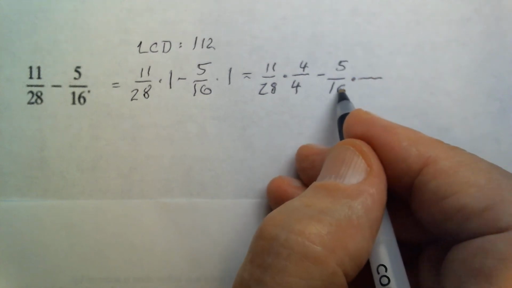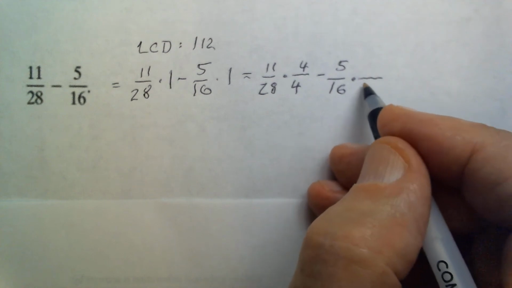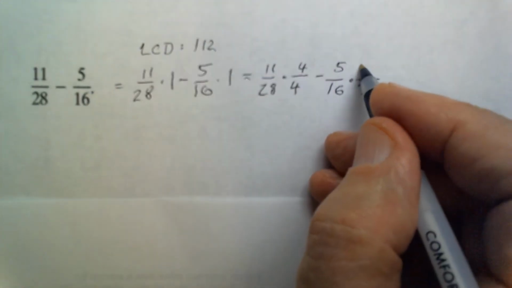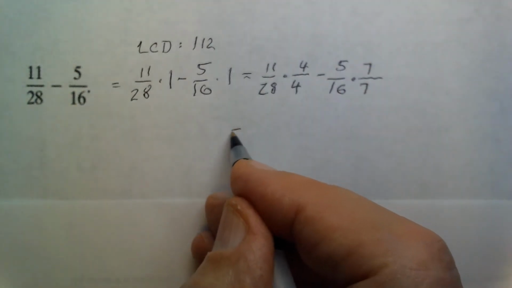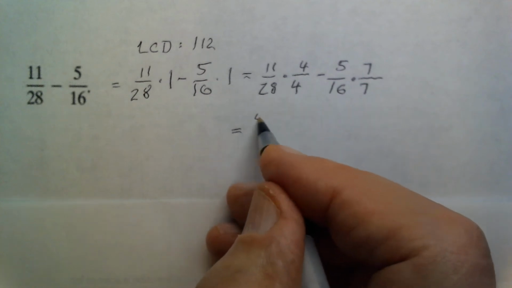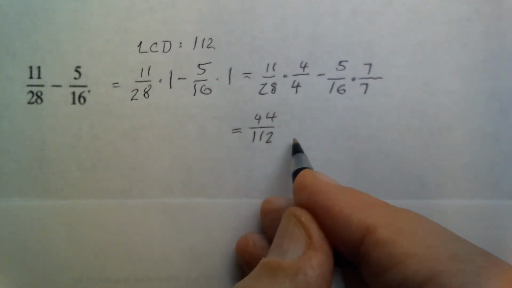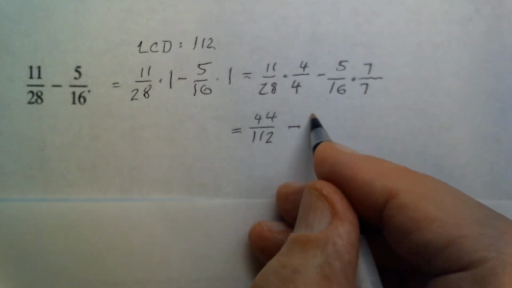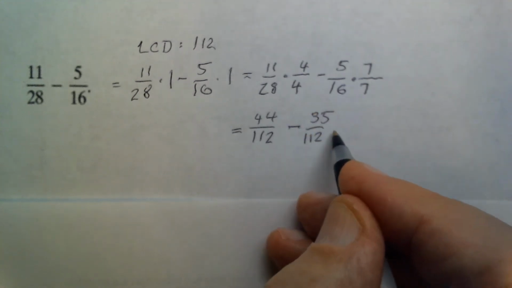times, now we divide 16 into 112, that's equal to 7. So 7 times 16 is 112. So we have 7 divided by 7. So that means we have 4 times 11 is 44, divided by 112, minus 5 times 7 is 35, divided by 112.